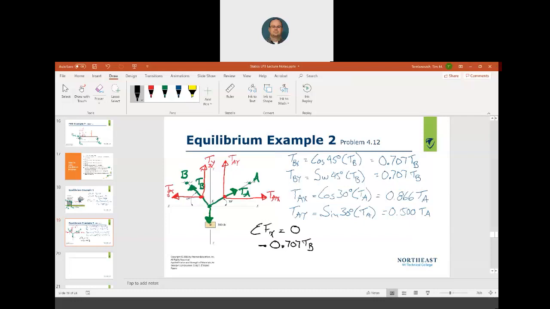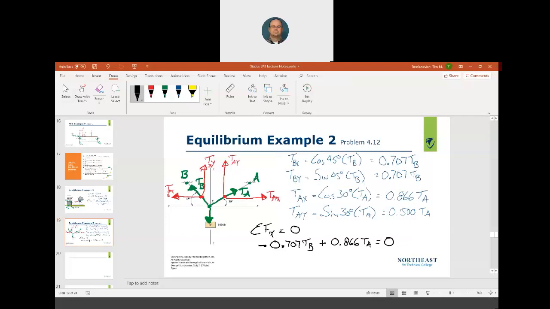Negative here, TBX. That's why free body diagrams are very important, so you can see what you're doing. Then we have TAX, that's positive, plus 0.866 TA equals 0.